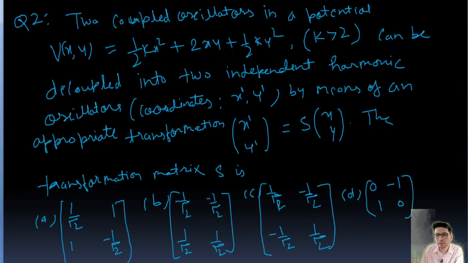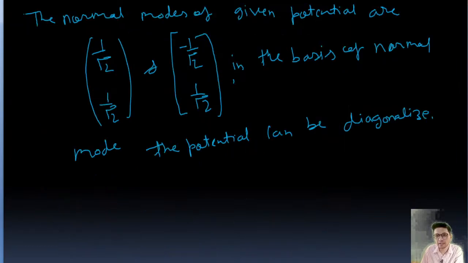So these are the modes of the given potential. If we know the modes, then S is going to be the transformation matrix.